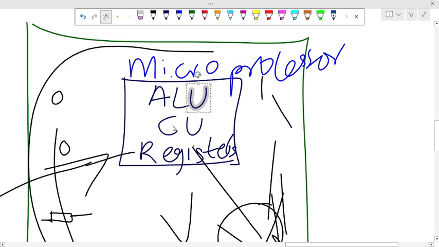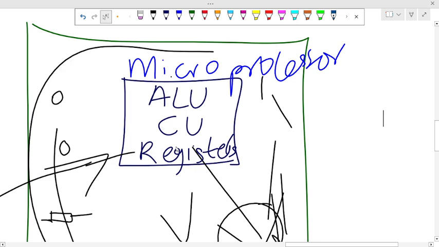Then for this, CU, again U for unit, C for control, control unit. This unit is in charge of data flow, not just data flow, but in charge of operations, controlling the operations. Okay, arithmetic and logic unit, do this now, do addition, do this. Like, this is a control center.